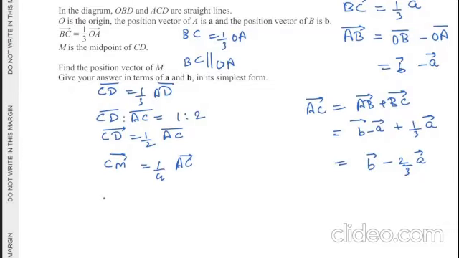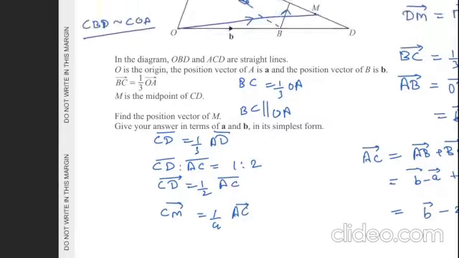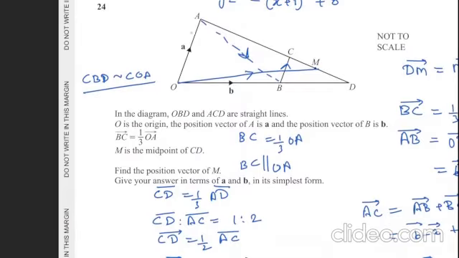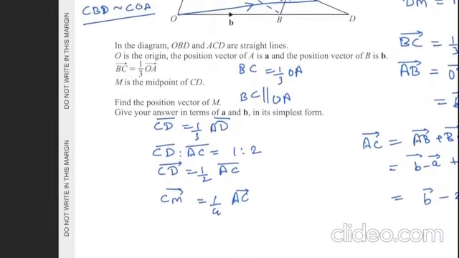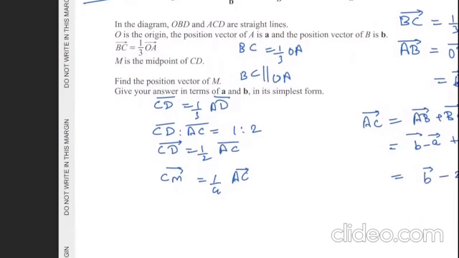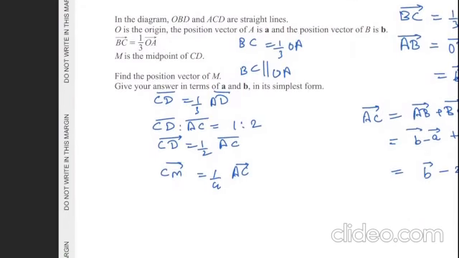Why is CM needed? Because in this diagram we want to consider the triangle OAM, so AC plus CM. CM is equal to MD and CM is half of CD. That is why CM is equal to 1/4 of AC, which is 1/2 of half. Simple.